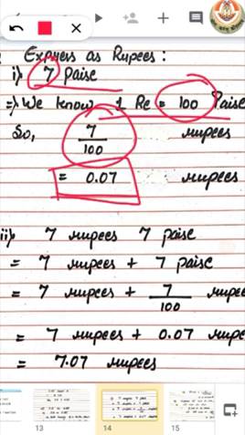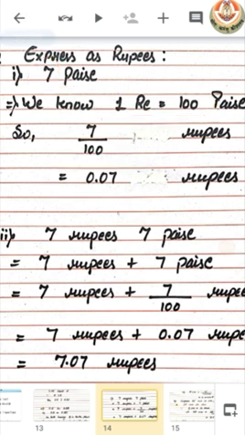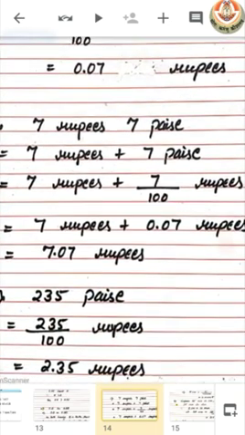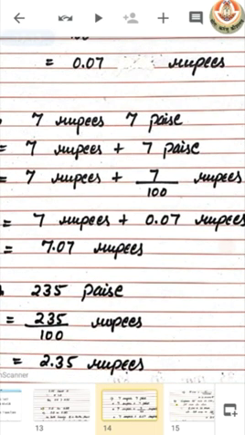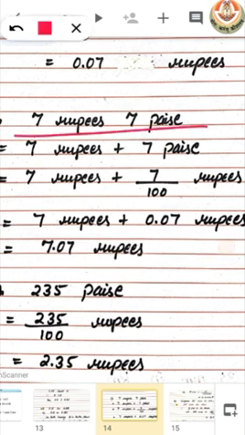Now let's check for the part in which rupees and paisa are both given. Here you can see that we have to express 7 rupees 7 paisa in rupees only. 7 rupees is already in rupees, so we do not have to touch it. Now just convert 7 paisa into rupees, and then add it to 7 rupees.